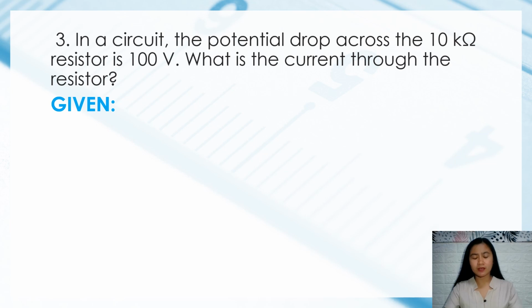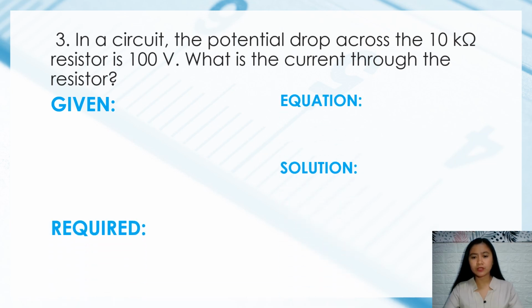Okay, let us read first the problem. In a circuit, the potential drop across the 10 kilo ohms resistor is 100 volts. What is the current through the resistor? So again, let us find the given, the required, the equation, the solution, and the answer.